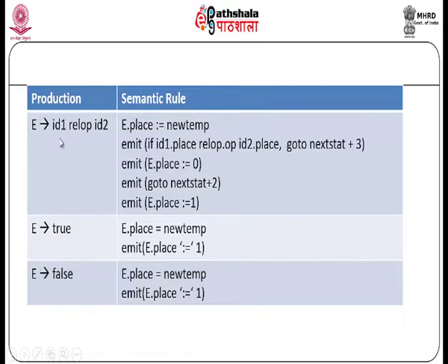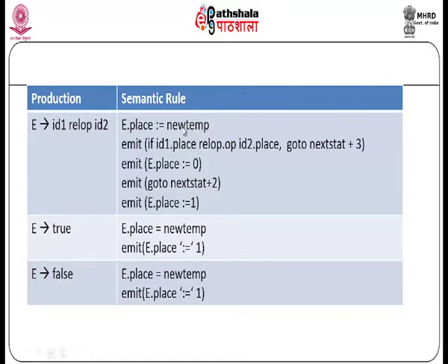So, I will typically encounter ID1 relop ID2. Relop is a relational operator. I can say A less than B, that could be a simple RHS. In that case, how is my three address code going to look? The LHS will be E dot place is equal to new temp. We already know that in three address code you can have only three addresses at the most.